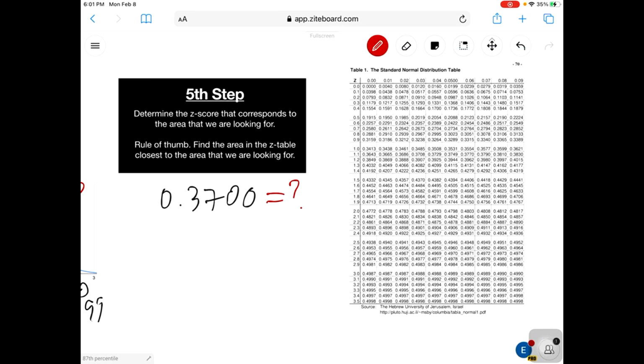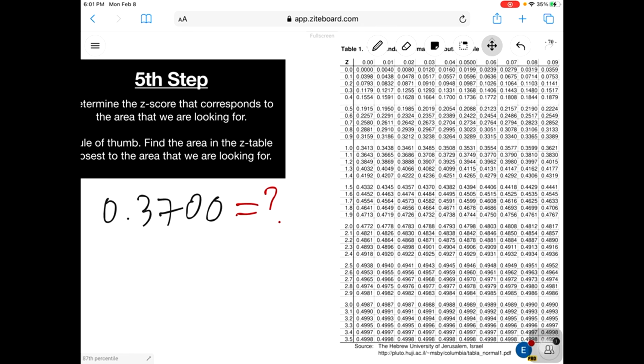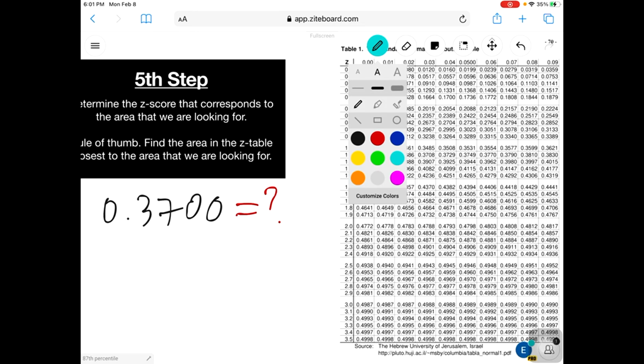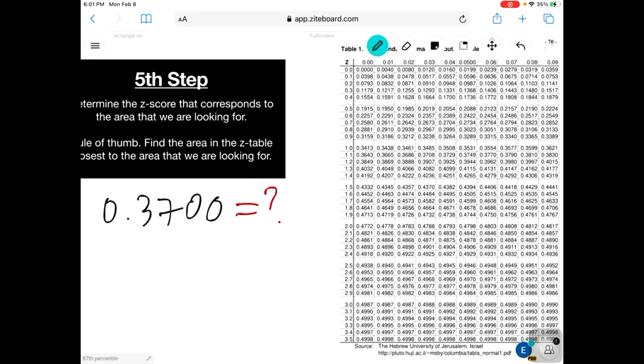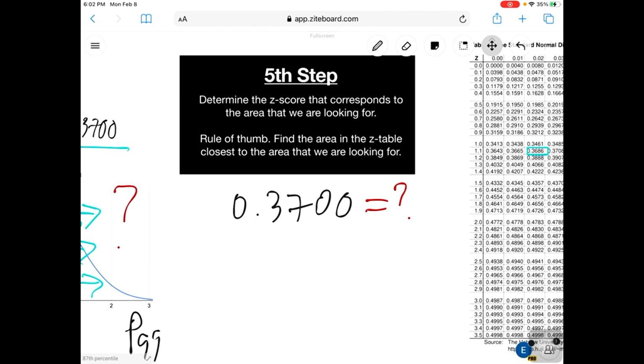So the closest is this area, 0.3686. And here, this is now the z-score that represents the area.